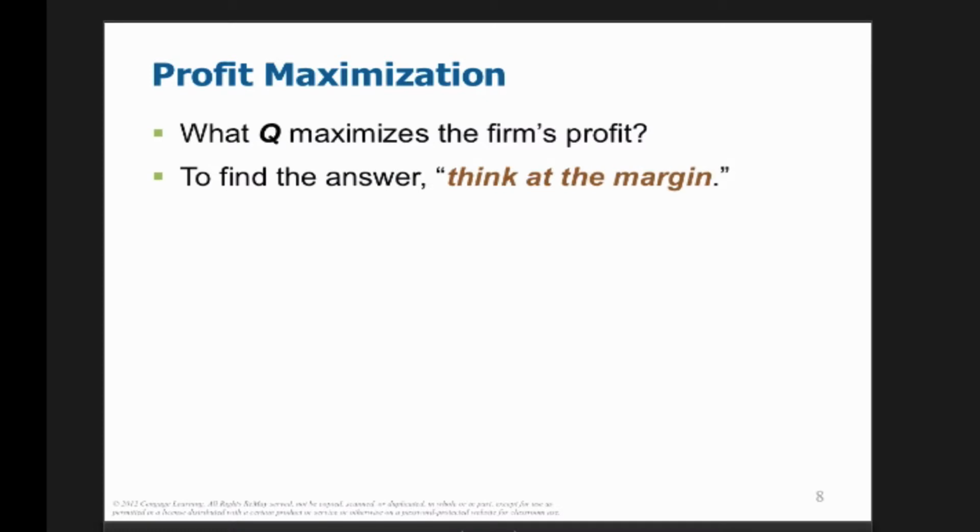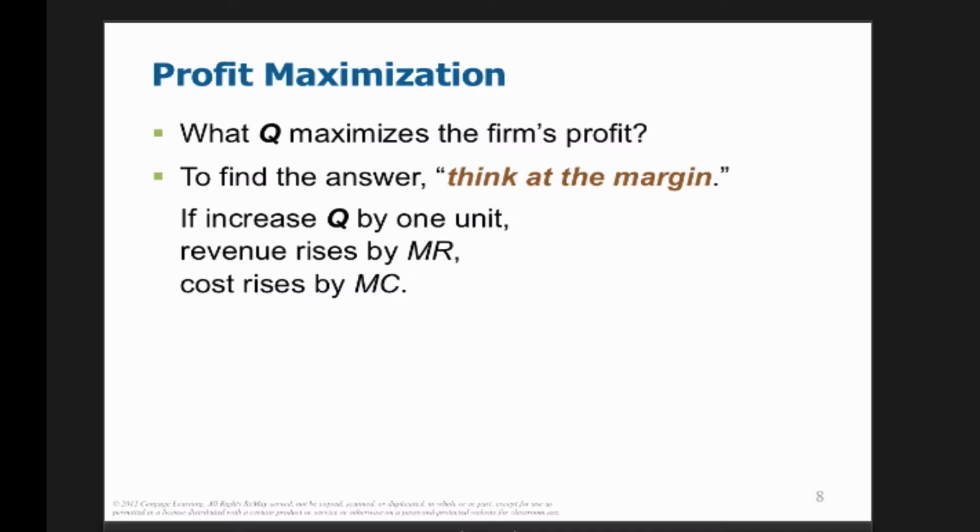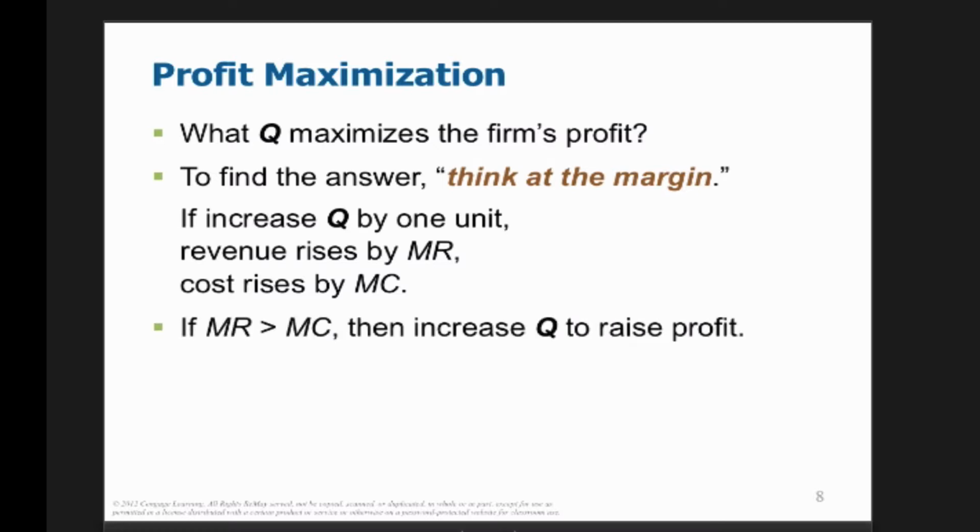To find the answer, think at the margin. If you increase the quantity by 1 unit, your costs go up by marginal cost, MC, and your revenue goes up by MR. So if marginal revenue exceeds marginal cost, go ahead and increase what you're producing to continue raising your profit.